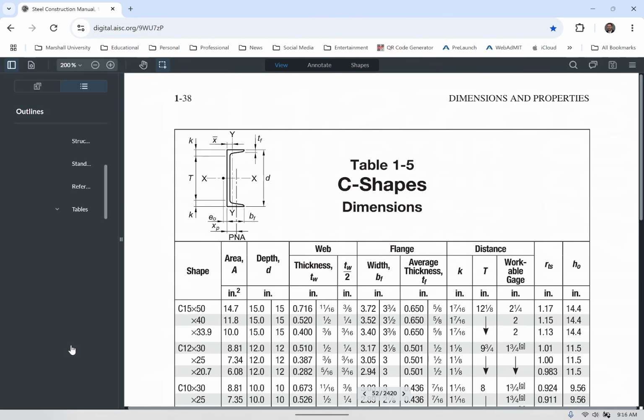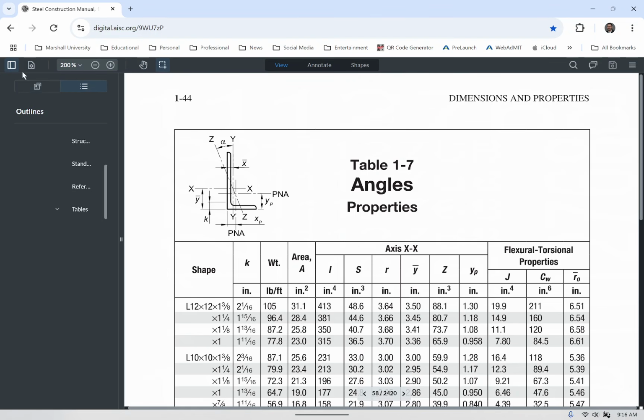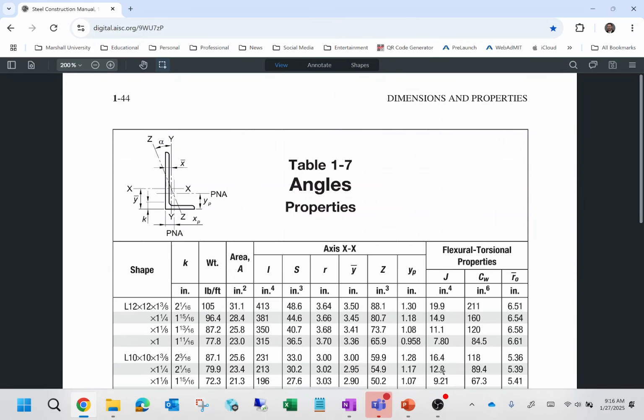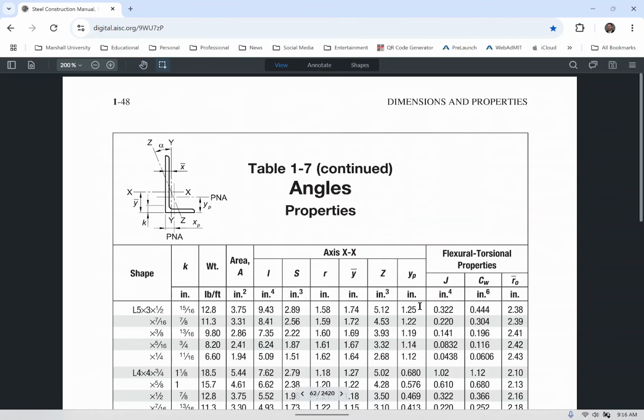I don't know why those links aren't showing up. There we go. That's close enough. Okay, so let's look at the angles. You'll notice that I've got an angle page popped up, and it doesn't matter which angle page I'm looking at. They're all going to be organized the same way. Let's just look at this. Okay, this is a good one.